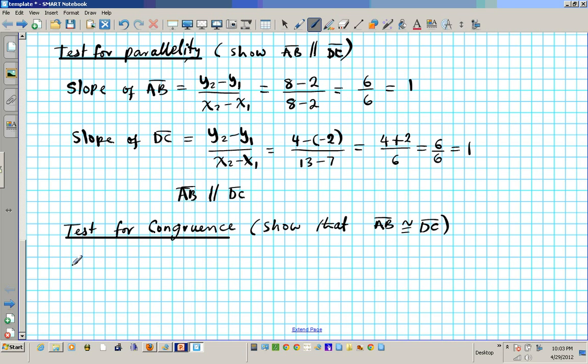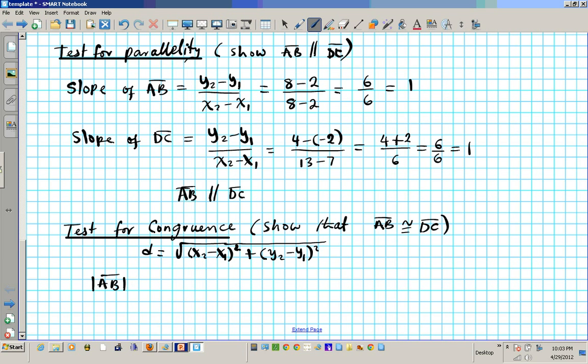Okay? So to write this in notation, let's write down the distance formula first. Distance formula D is equal to the square root of x2 minus x1 squared plus y2 minus y1 squared. Okay? Alright, so that's what we're going to be using. So the length of AB can be written as the absolute value of AB, like that.